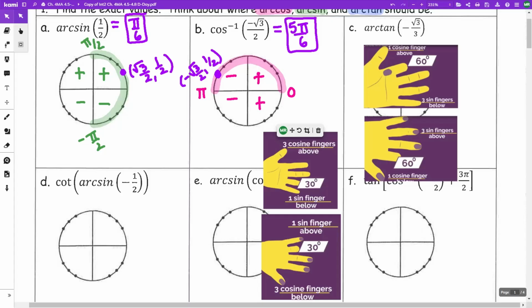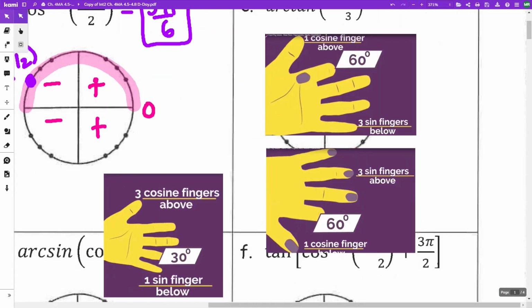So here I have the 2 situations that were in that little video clip. Here you see this would be 1/2 for your cosine. This would be root 3/2 for your sine. Now that is x. This is y.